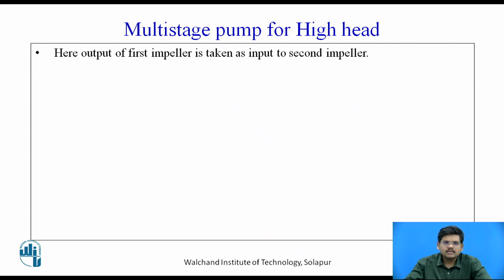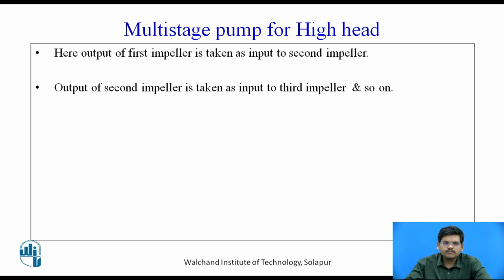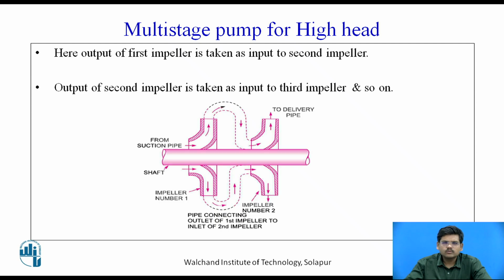Now next, here the output of the first impeller is taken as input to the second impeller. Here the output of the second impeller is taken as input to the third impeller, and so on. So output from one pump is taken into another pump, and then you will get the desired pressure head. Here discharge is not increased, but the pressure is definitely increased.